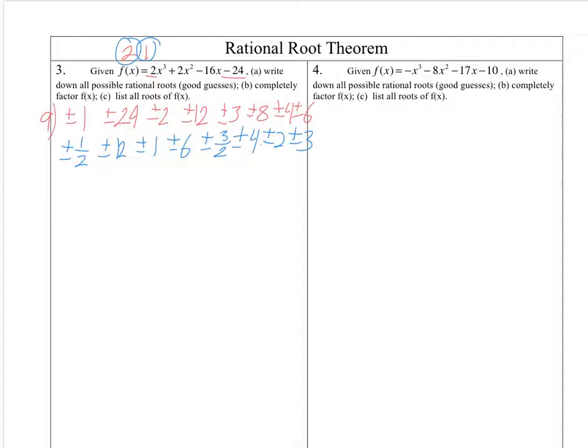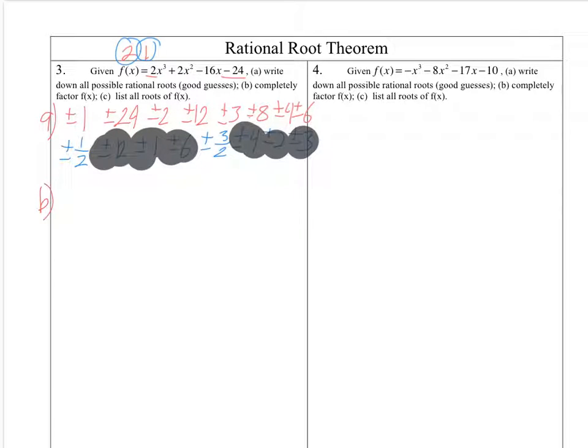Very thankfully, most of those are repeat factors. I do not need to include 12 twice, for example, or 1 twice, or 6 twice, or 4 twice, or 2 twice, or 3 twice. So most of those get canceled out there. Okay, that's part A, to write down all of those factors.